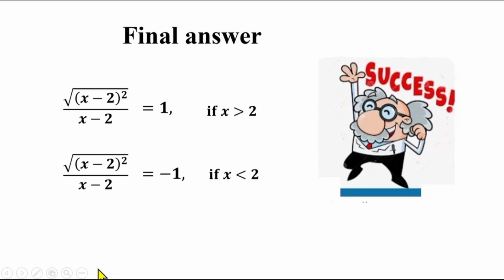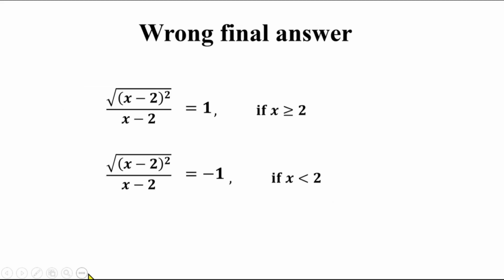Let's suppose we didn't do this, then we would have a wrong final answer. The difference with the right one is that we have here x greater than or equal to 2, but in the right answer we have x just greater than 2.